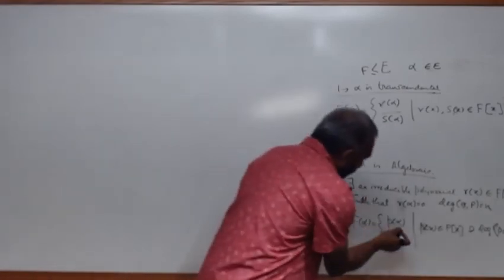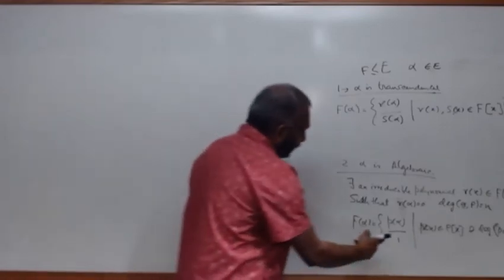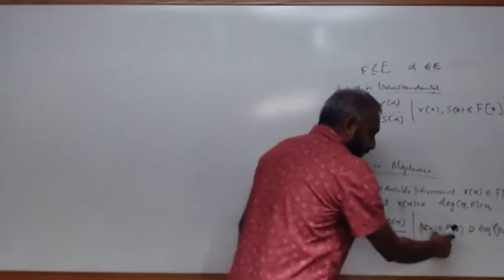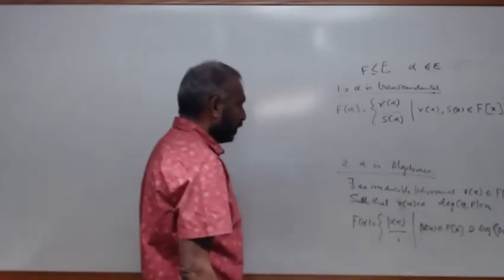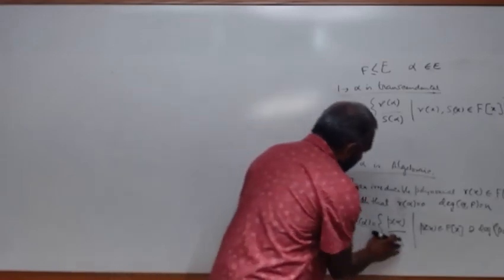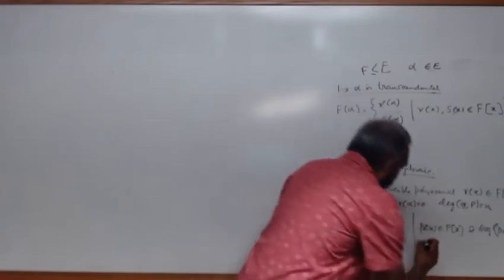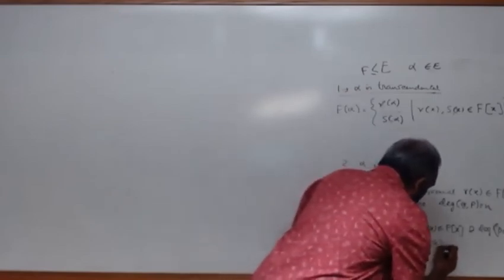This we can write as divided by 1, and 1 is also a polynomial in F of x. So to make something very similar to this, we can say that this is actually q of alpha, where q of alpha is always 1.